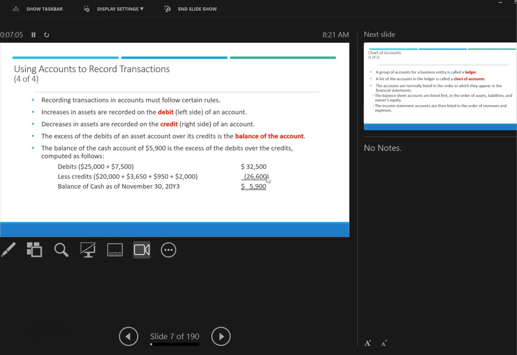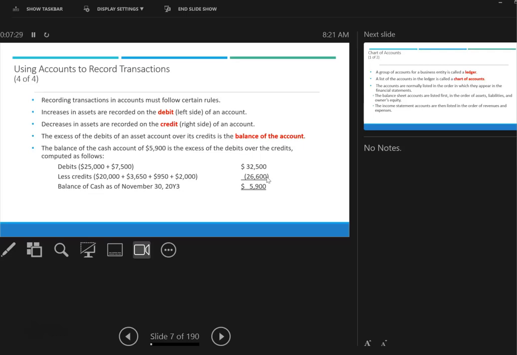Over zero. A minus 500 would not be a debit. A minus 500 would be a credit. And although it can happen, we normally want a debit balance in our checking account. Does that make sense?